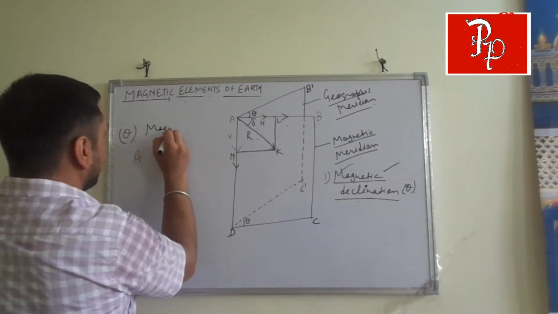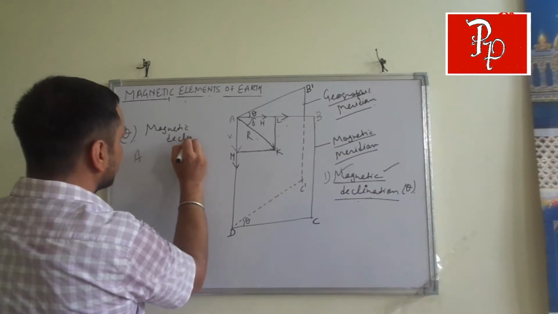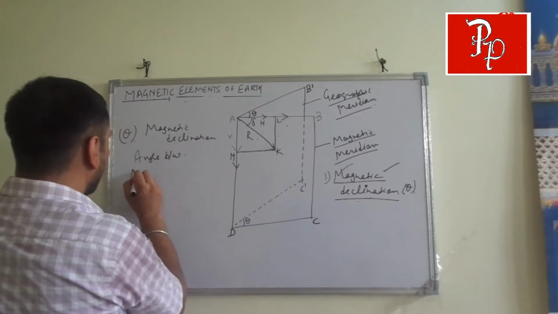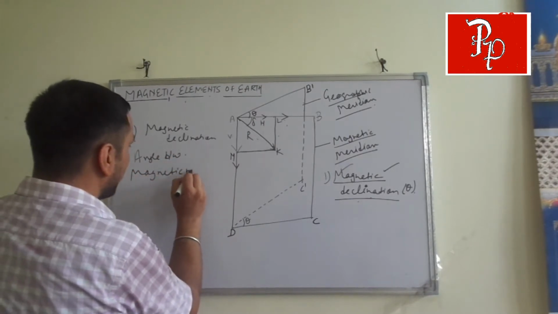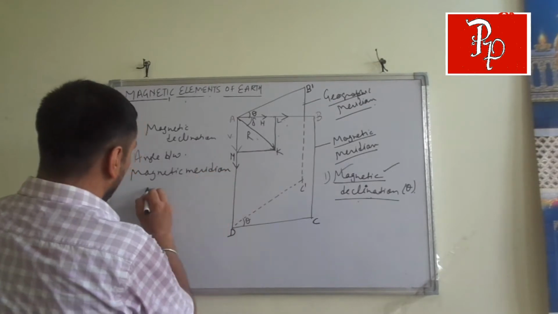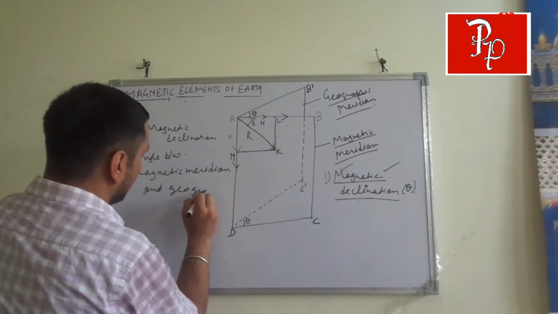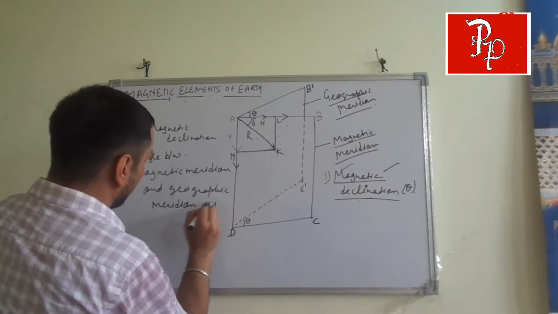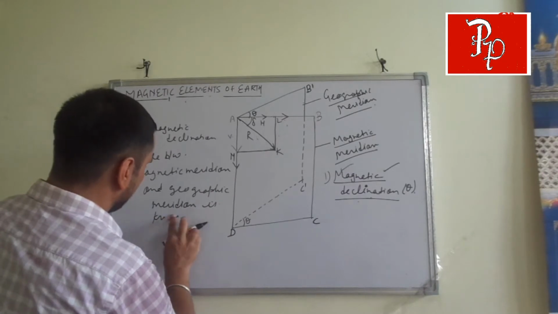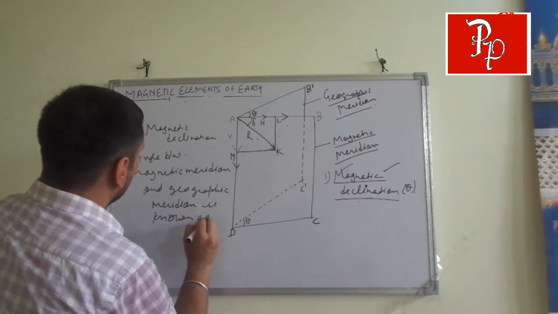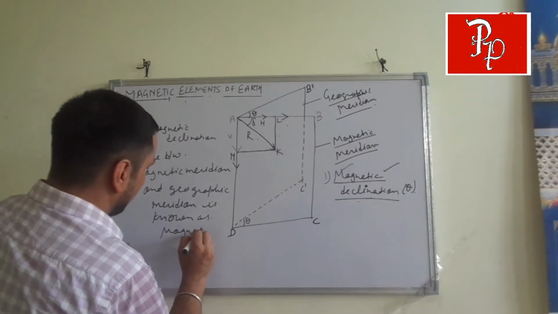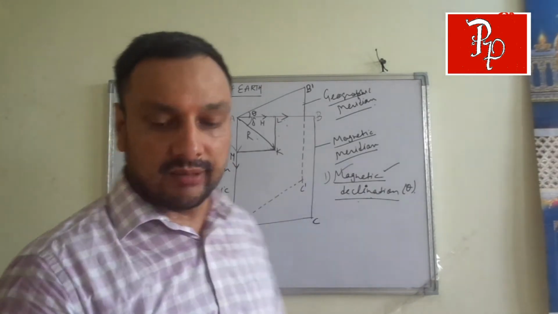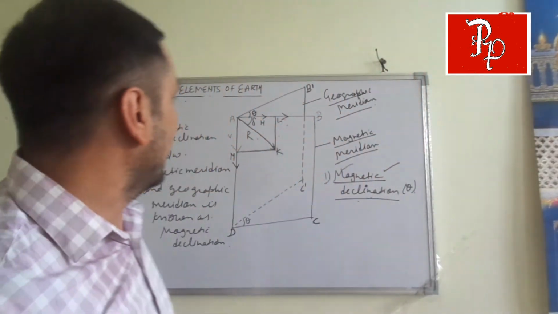Angle between magnetic meridian and geographic meridian is known as magnetic declination. इसे हम कहेंगे magnetic declination, represented by theta.